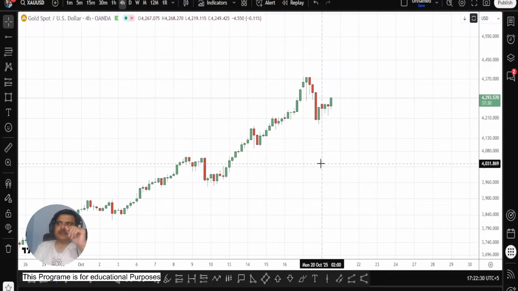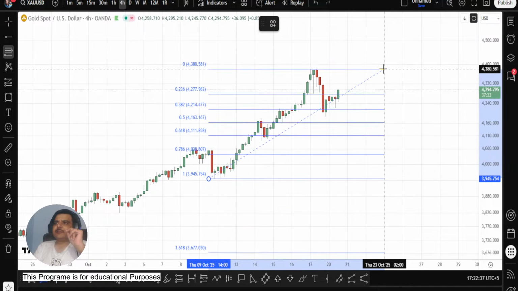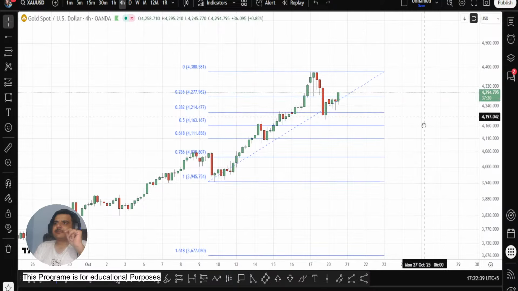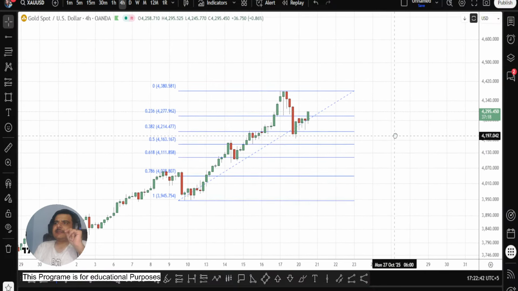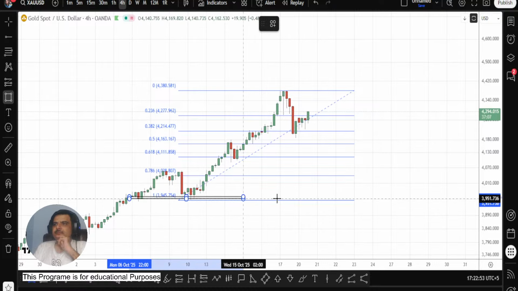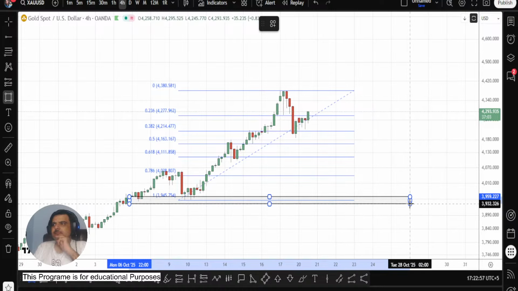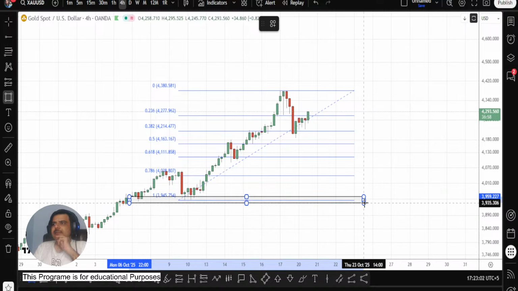There are traders who go too far away. These are just simple levels in front of us, and this is that simple plan. This rally started all the way from around 39.30.